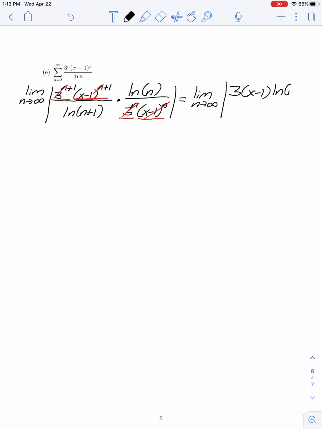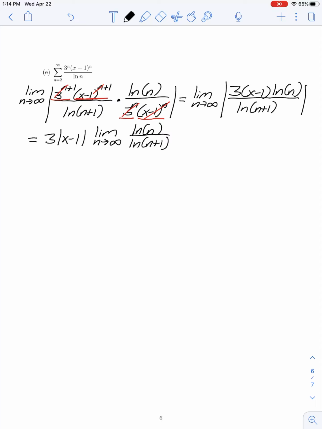And then we have the quotient natural log of n divided by the natural log of n plus 1. So pulling our constant out in front of the limit with respect to n, we have a constant of 3 times the absolute value of x minus 1. And then we're left with the limit as n approaches infinity of the natural log of n divided by the natural log of n plus 1.